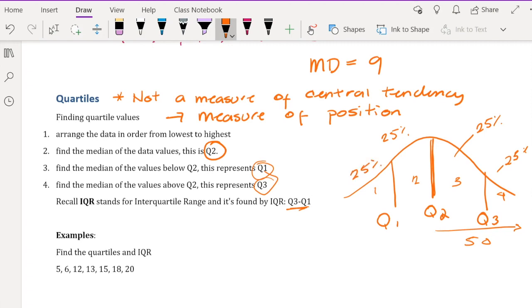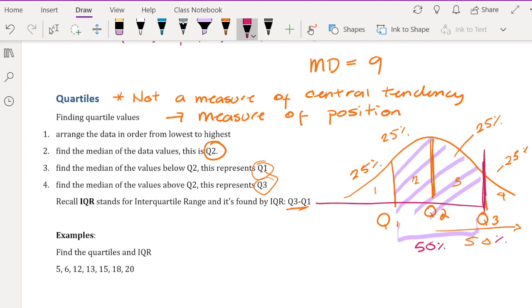When we do the interquartile range, it gives us this area. And that's also 50% of the distribution. When we're looking at the third quartile, it would give us the area from here all the way to the tail, and that actually would be 75% of the distribution. So whichever way you look at, just remember each one of them is 25%.